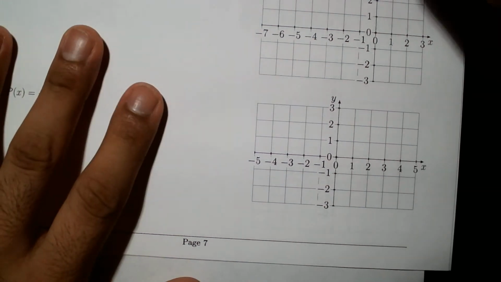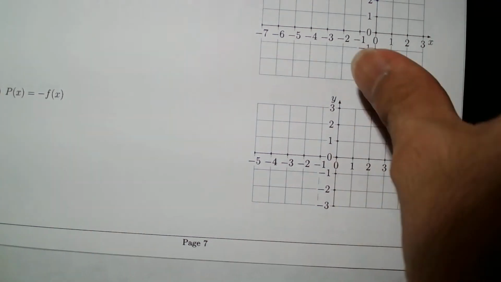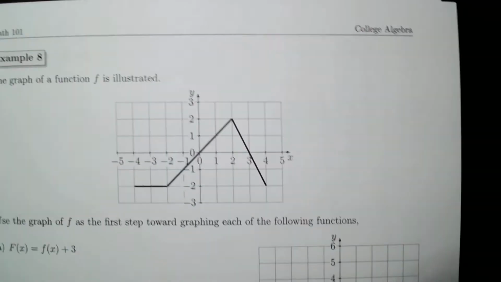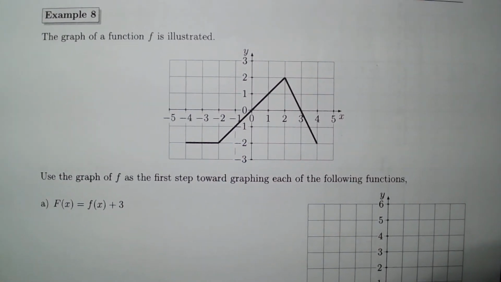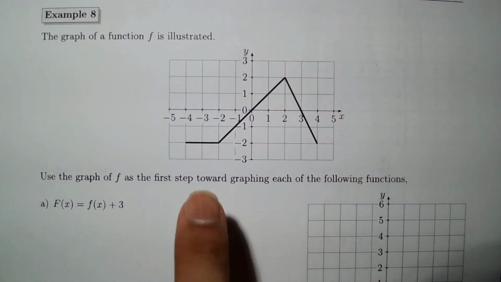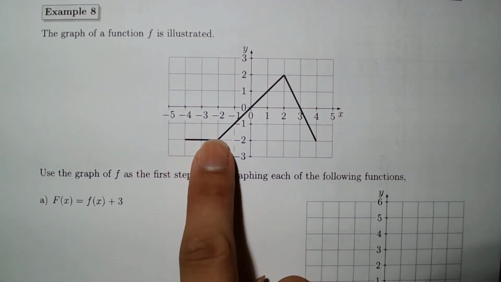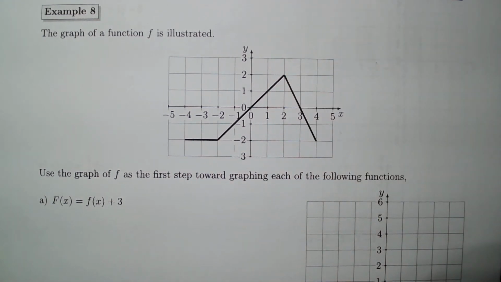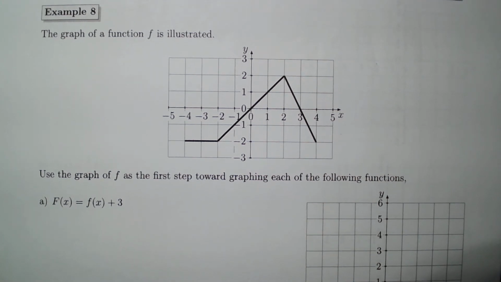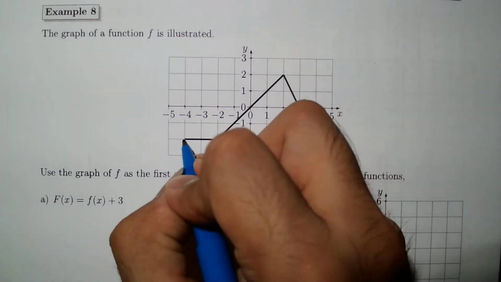So we're going to have some very interesting examples. We have this graph of some function. We don't care about the algebraic definition. This is going to be like y equals negative 2, y equals x, and then whatever this is. But we don't care about that. What we care about is the key points.